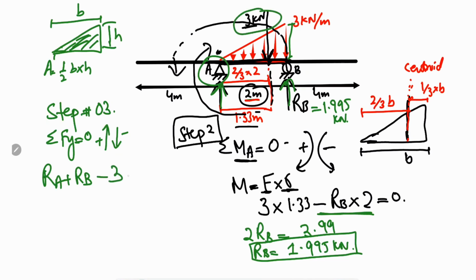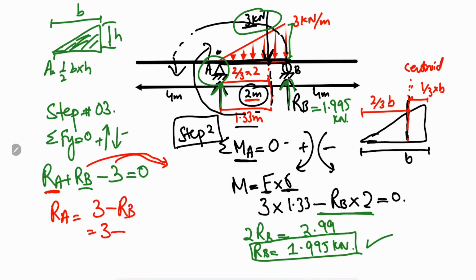So summation of all the vertical forces equal to 0. Now RB is known to us, which is 1.995. So we will find here RA. We will shift this value into the right side, so it will be 3 minus RB, where RB is 1.995.